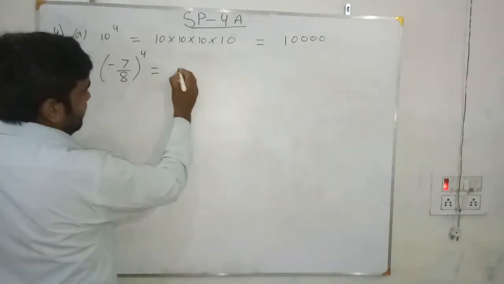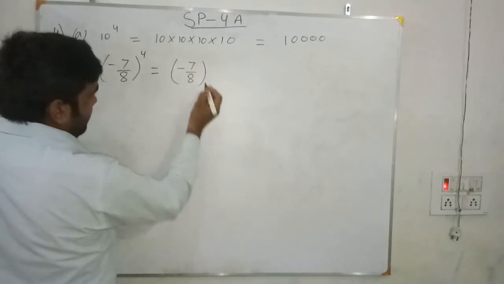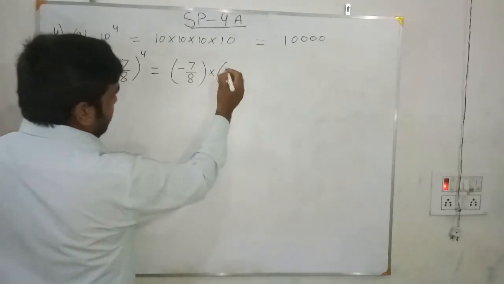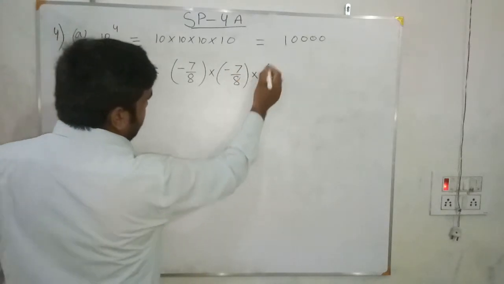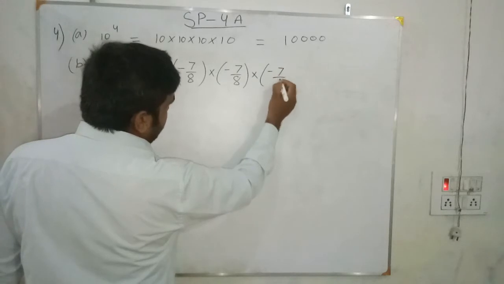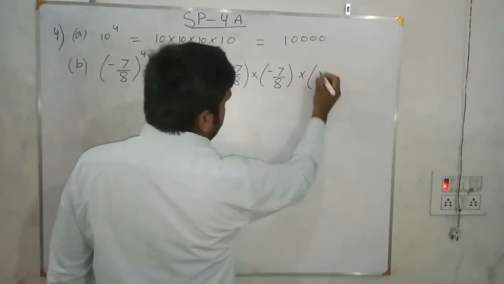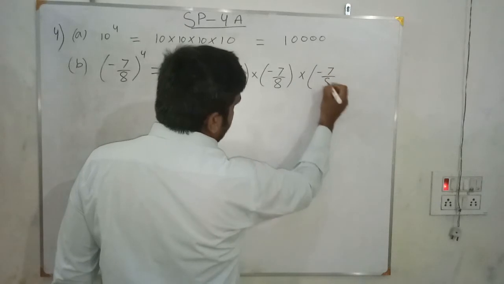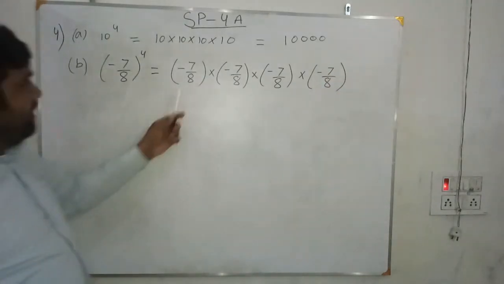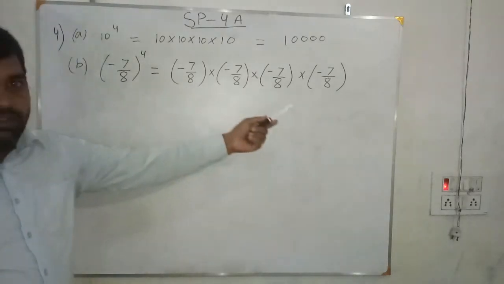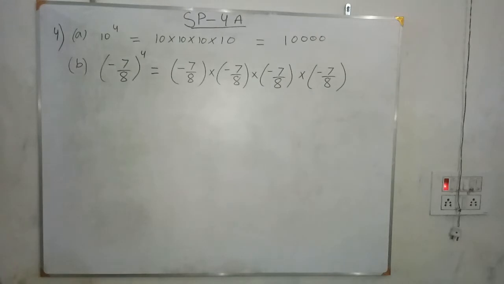That is, minus 7 by 8 multiply minus 7 by 8 multiply minus 7 by 8 multiply minus 7 by 8. Now you can count: this base minus 7 by 8 is multiplied by itself 4 times. 1, 2, 3, 4.